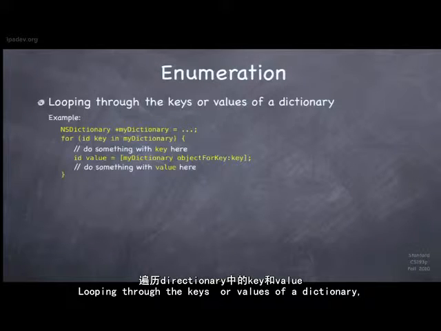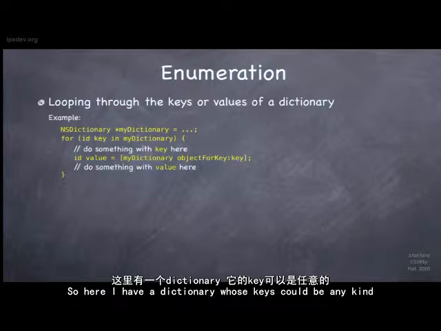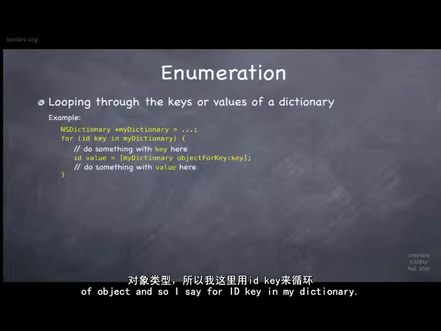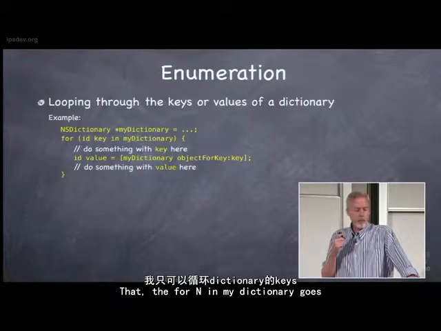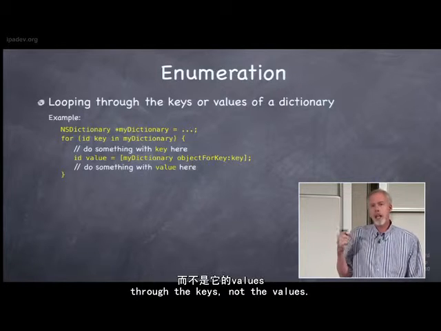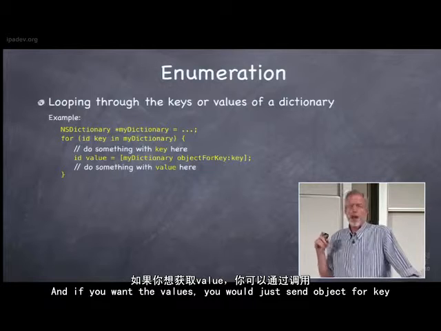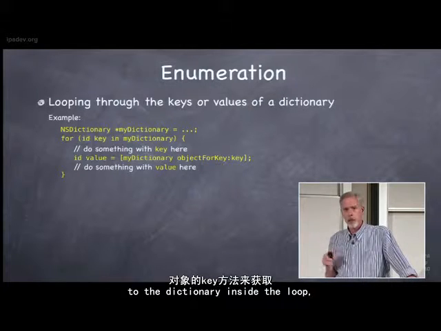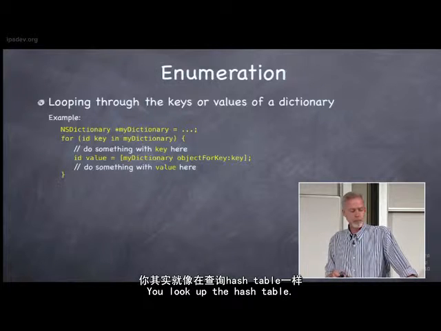Looping through the keys or values of a dictionary is exactly the same. So here I have a dictionary whose keys could be any kind of object, and so I say for id key in myDictionary. The for in for dictionaries goes through the keys, not the values. And if you want the values, you would just send objectForKey to the dictionary inside the loop, and you get the values, right? You look up the hash table.